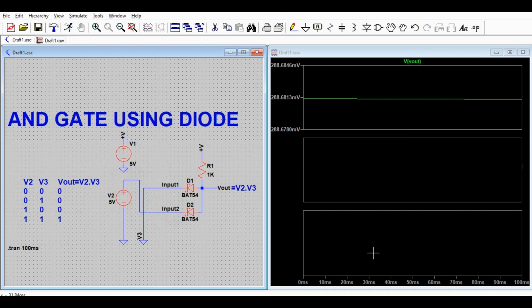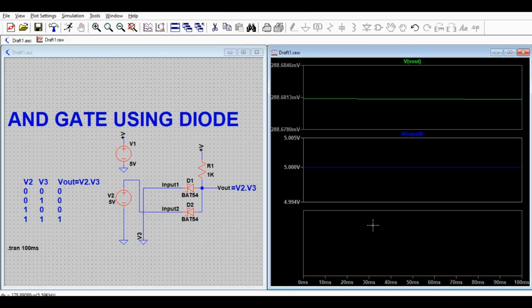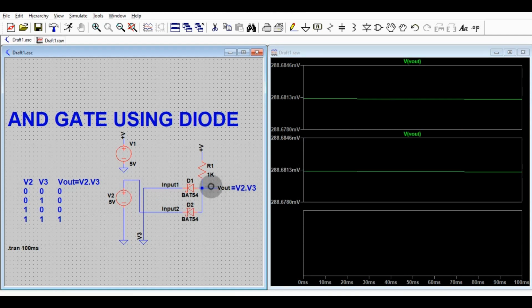For this case, you can see your input 1 is 0 and your input 2 is high. In this case, the output is 0, that is 288 millivolt. You can see here this is 288 millivolt, and this is 5 volt.